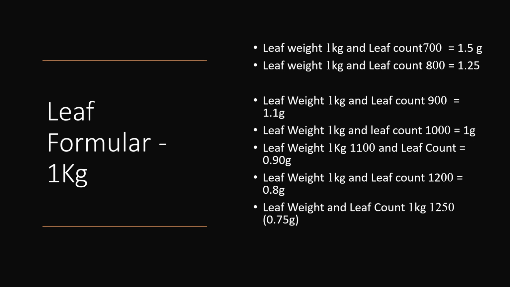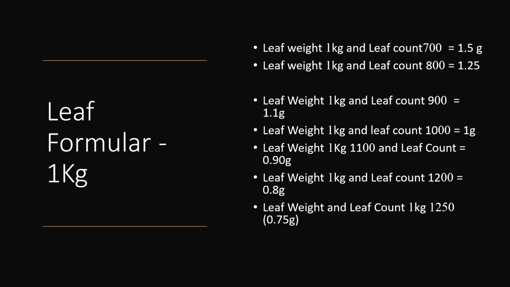That means 0.75 grams for a two and a half or 1.5 bud leaf. So the weight of the buds and leaves is reducing because of the plucking intensity, how intensively they are plucked.